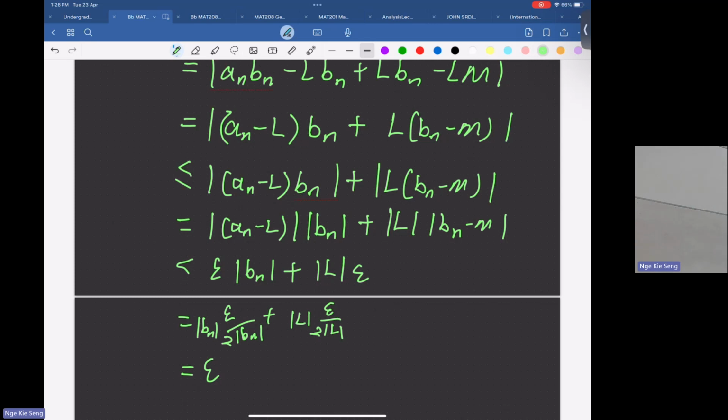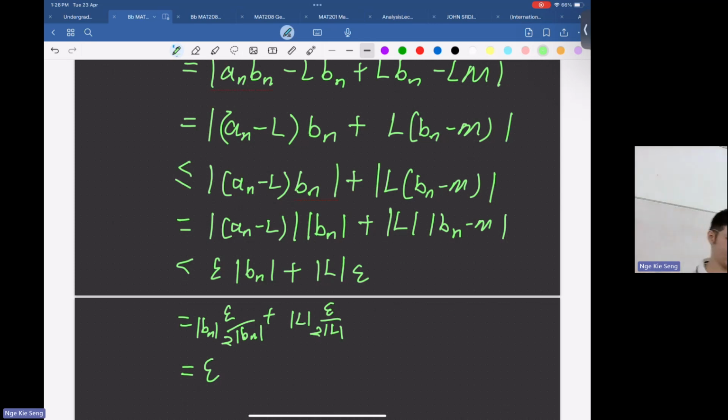So can I multiply by some fixed number here? Can I bound this sequence here by some fixed number? Sorry, bn goes to m. bn goes to m. Bound meaning I want to bound from the top.